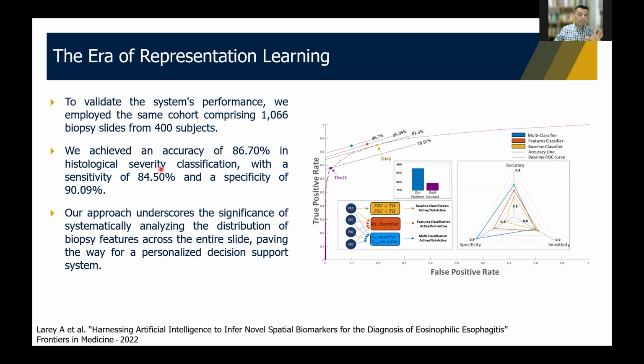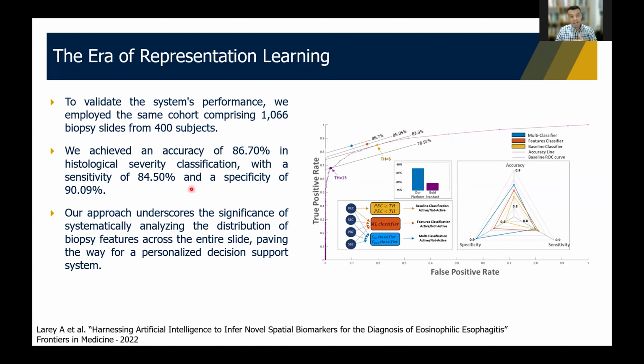But the main point is that by capturing the gold standard, that's what I showed you before, we were able to predict whether a patient is EoE active or not with 95% accuracy. And now, using these new biomarkers, we can go an extra step and predict the severity, which also tells us something about the susceptibility of the patient to treatment.